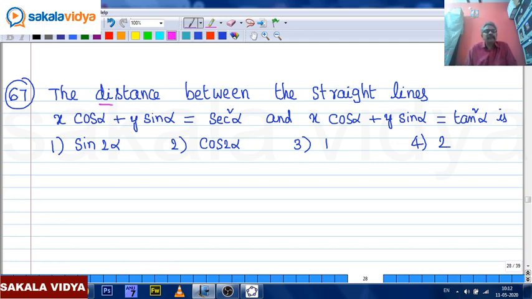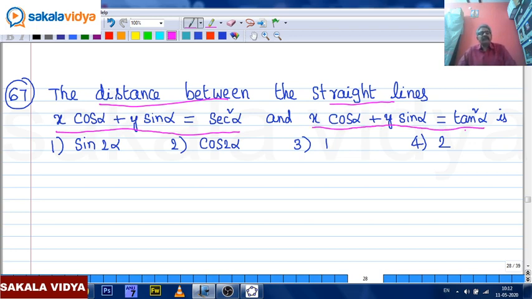The distance between the straight lines x cos alpha plus y sin alpha equals secant square alpha, and x cos alpha plus y sin alpha equals tan square alpha. If you observe, these two lines are parallel lines. The distance between two parallel lines is given by mod of (c2 minus c1) by root of (a square plus b square).